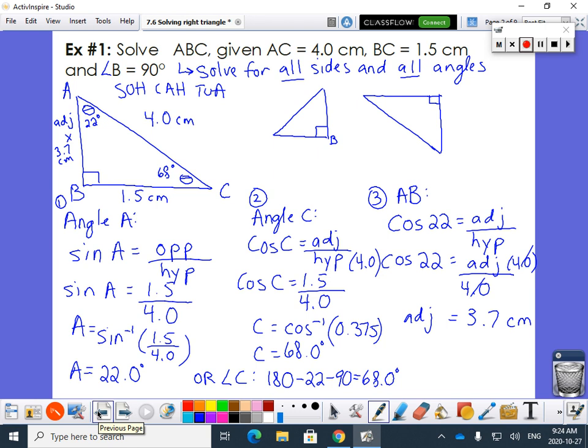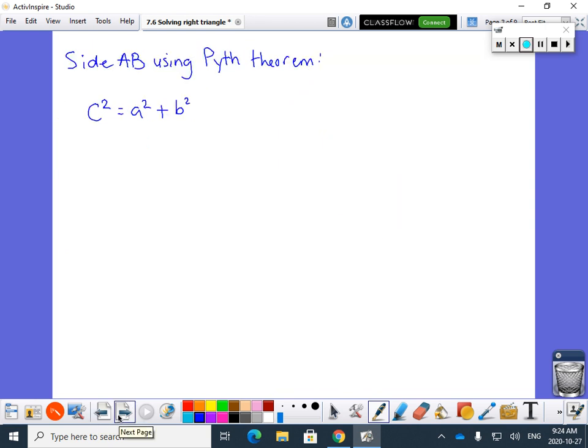What is the hypotenuse always in Pythagorean's theorem? It is C. So this here is our 4 squared, because 4.0 is that side, the hypotenuse. The hypotenuse is always C. The other two sides don't matter. I could solve for A or I could solve for B.